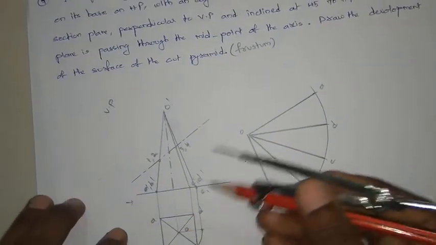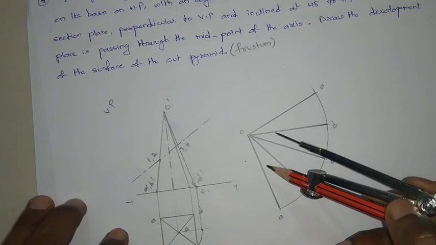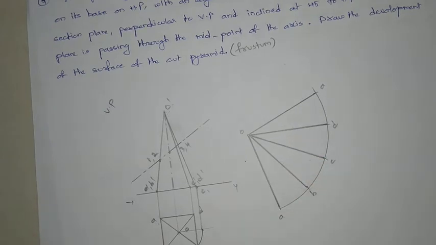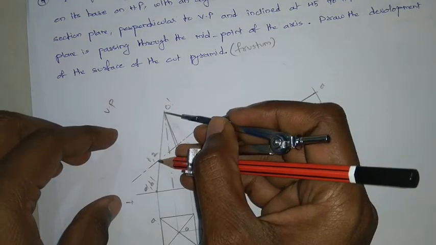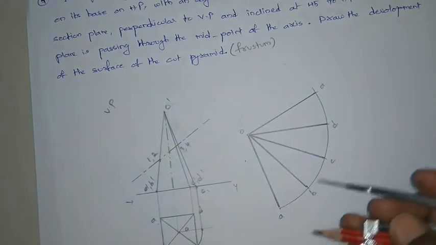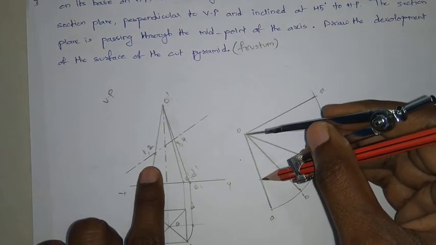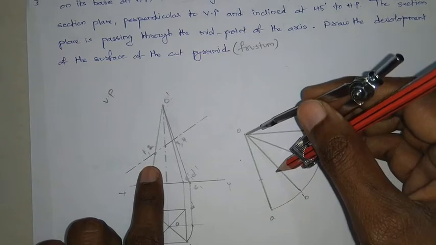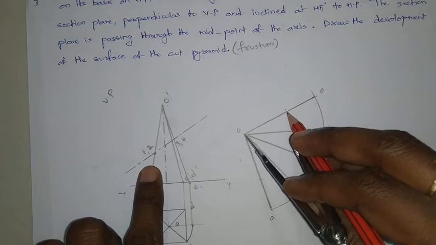Next, we have to mark these points on this development of surface. Now in that case, you can measure this length. Now 1 is on OA and 2 is on OB, and again 1 is on OA.